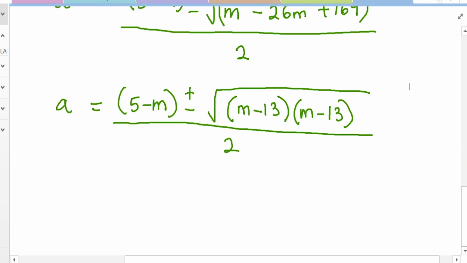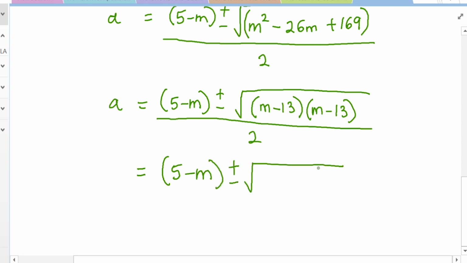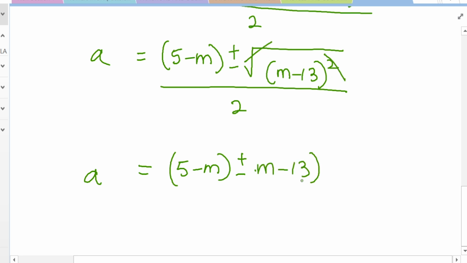Definitely, moving on, this is going to become 5 minus m plus or minus the square root of m minus 13 squared, divide that by 2. Moving on to the next step. Our value of a there is going to become 5 minus m plus or minus, this square root sign goes with that, remaining with m minus 13, divided by 2.